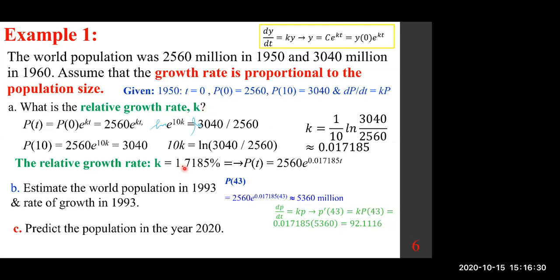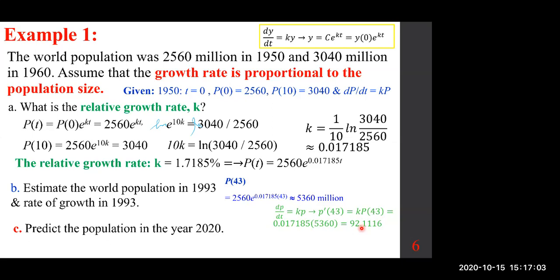This number that you found here, you put it here, and then you multiply by 5360, so 92.1116. That means in 1993 or right after 1993, the world population is increasing because this number is positive, at a rate of 92.1116 million per year. That's really the idea.